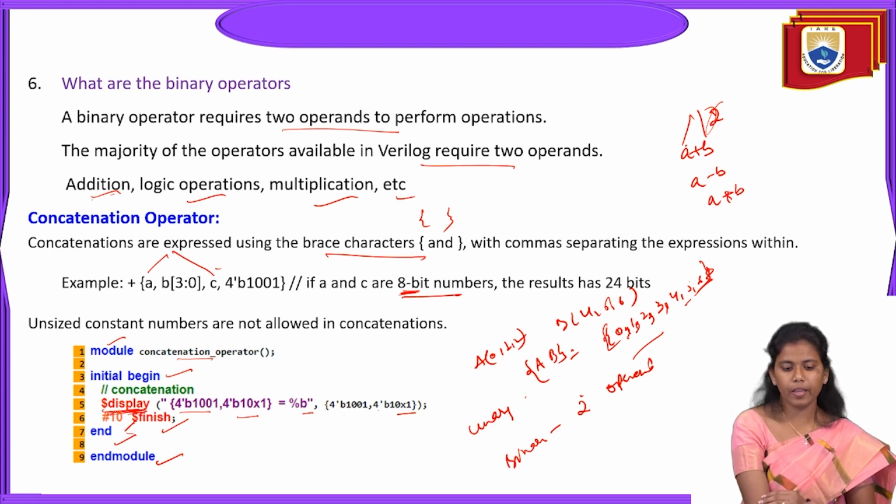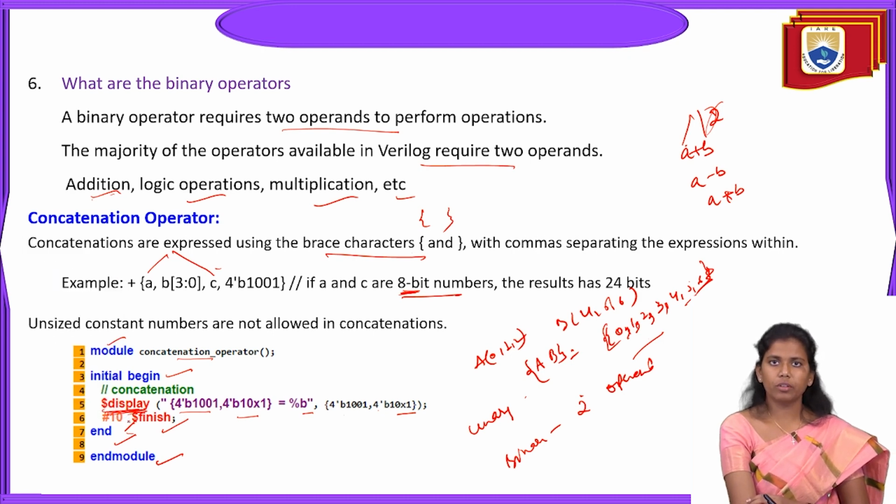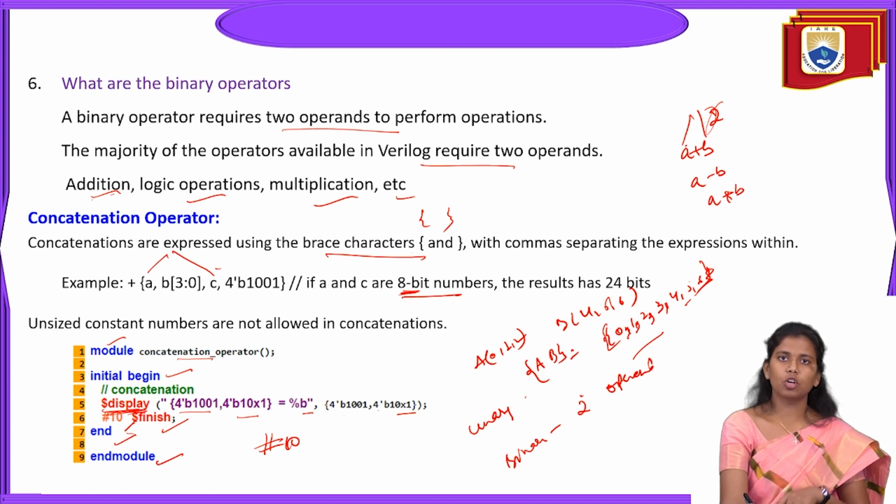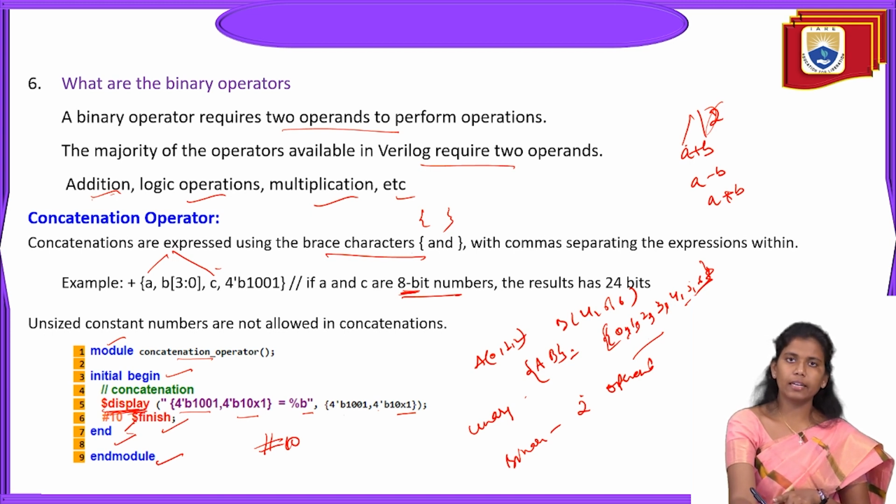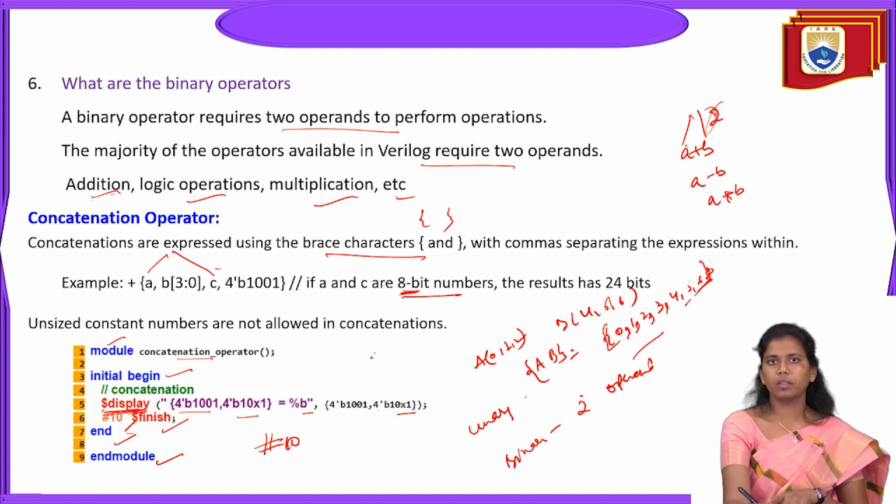Here I have mentioned a delay of 10 nanoseconds, so with the 10 nanosecond delay I am concatenating A, B, C and D. So this is about the concatenation operator. Remember, concatenation operators are represented using curly braces and commas in between the operands.